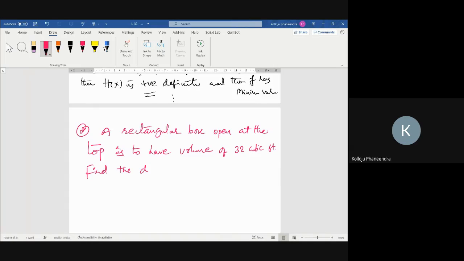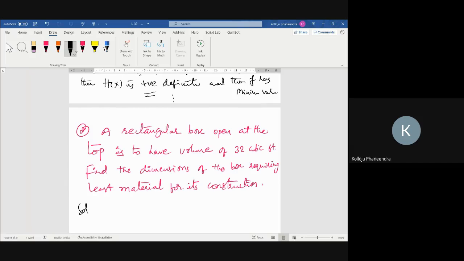Find the dimensions of the box requiring least material for its construction.